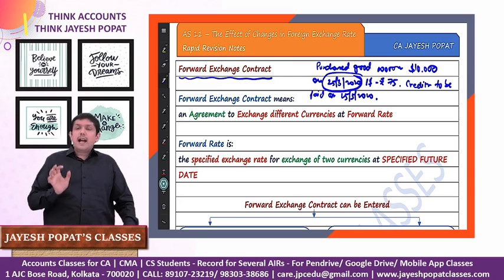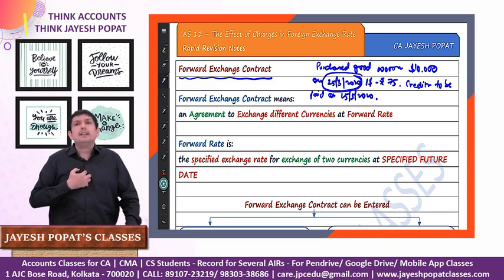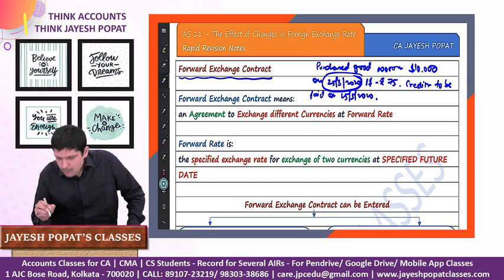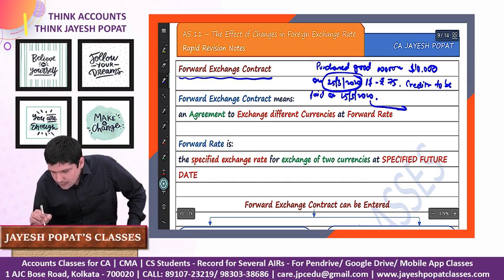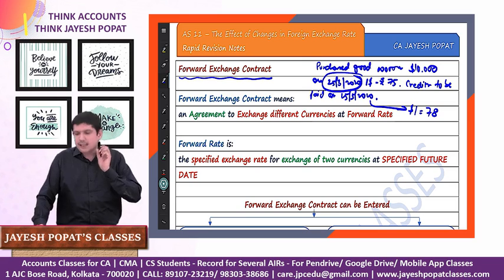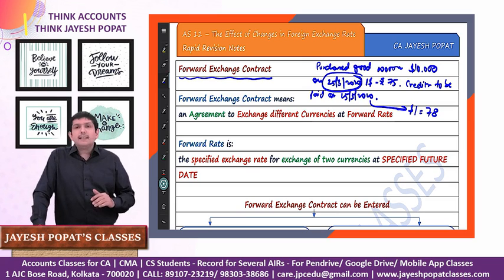Tell me the rate at which I can buy these $10,000 on 25th of May and make the payment to my creditor. So the bank told me that you can buy these $10,000 at 78 per dollar, right? Today the rate is 75. The bank is telling me we will sell it to you at 78.